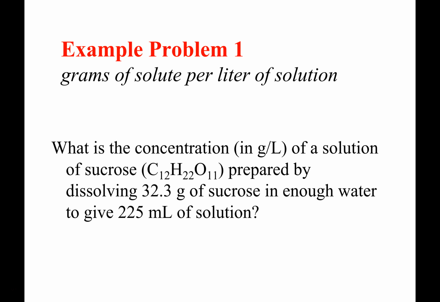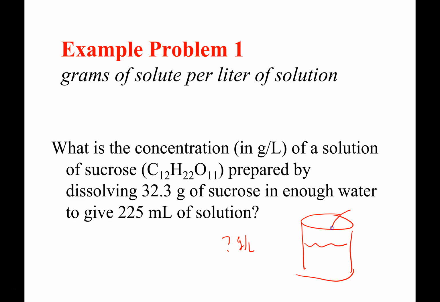So here's our problem. For working these, and it's a way of stalling, I know, I like to draw a beaker. I can't remember if my solution keys have beakers. So, what is the concentration in grams per liter of this solution?